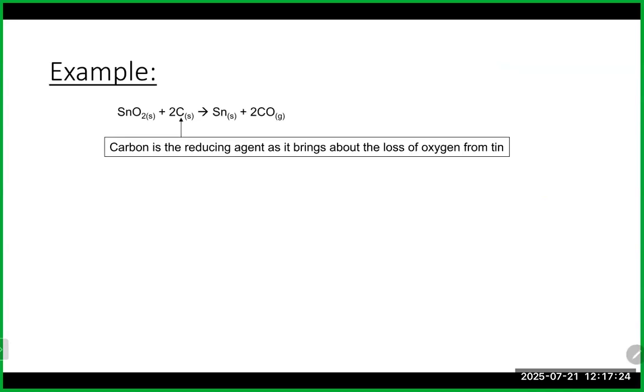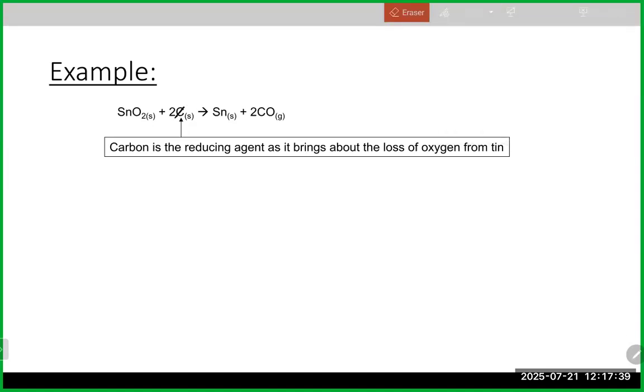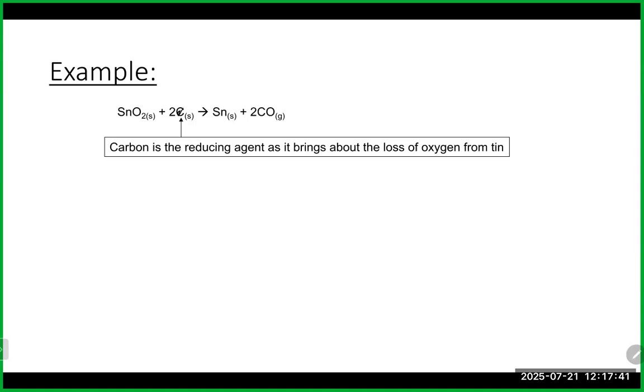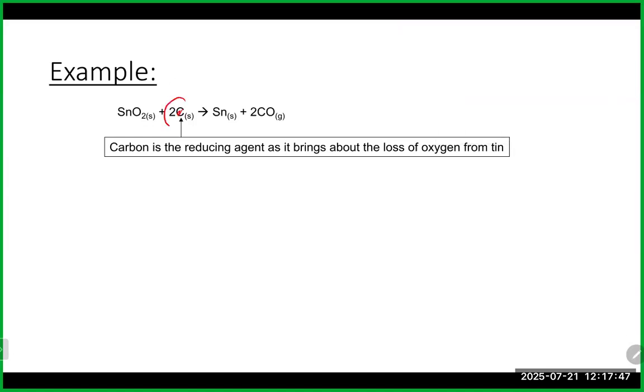And here we go. We can see our carbon in this case is the reducing agent as it brings about the loss of oxygen. If we look at the carbon on the left-hand side versus the right-hand side, it has gained oxygen, which means it is going through oxidation.